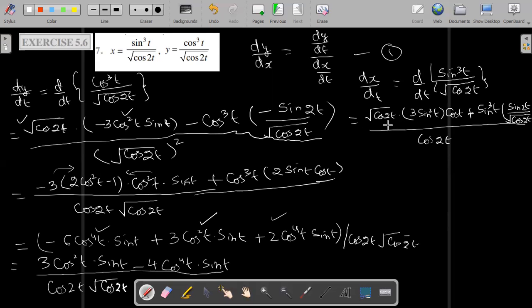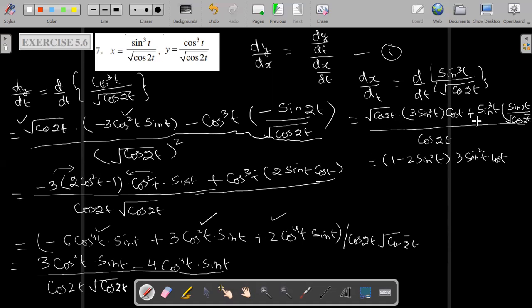Now again multiply, and take the LCM, this will become cos 2t. So you can write cos 2t, now convert into sine: 1 minus 2 sin square t. And this 3 sin square t cos t as it is.